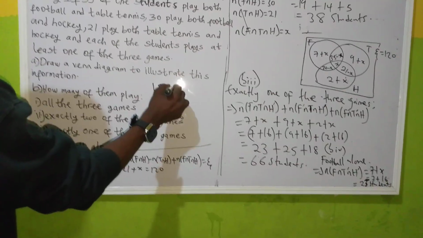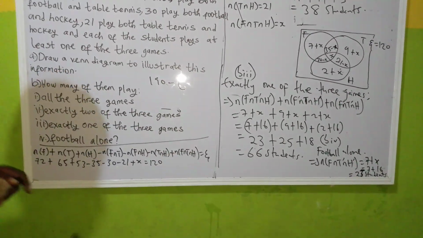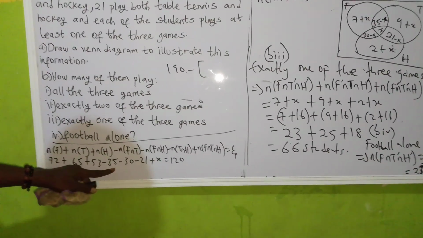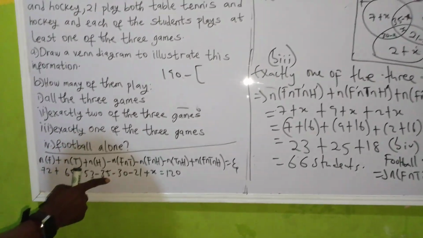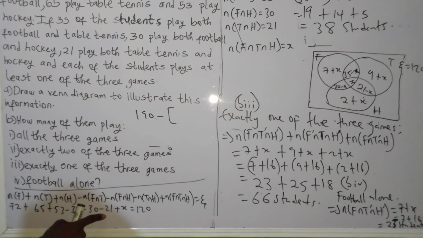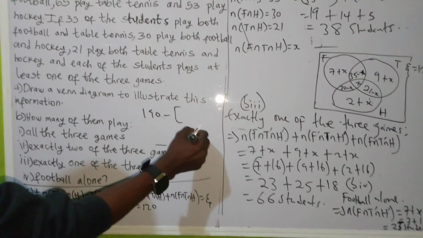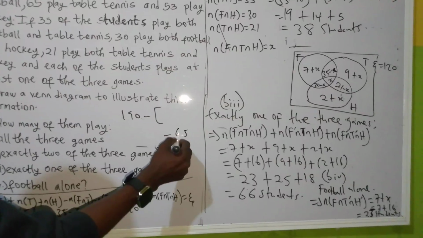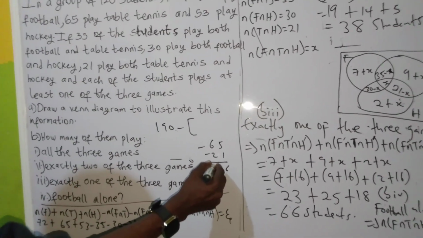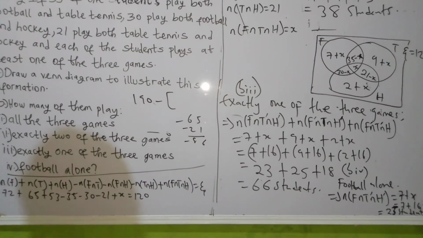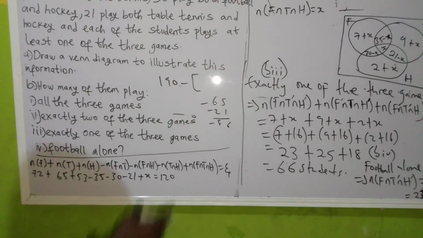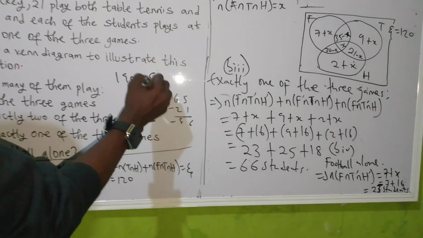Let's keep it separately. 190 minus, because if we add these together, 35 plus 30 is 65, and 65 plus 21 is 86. So minus 86.